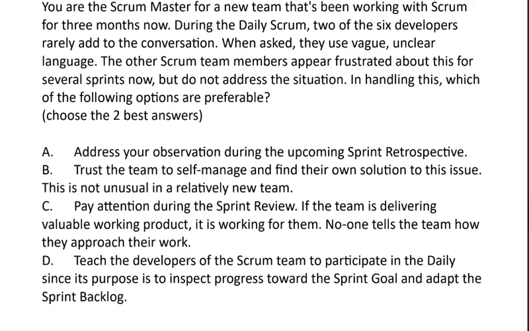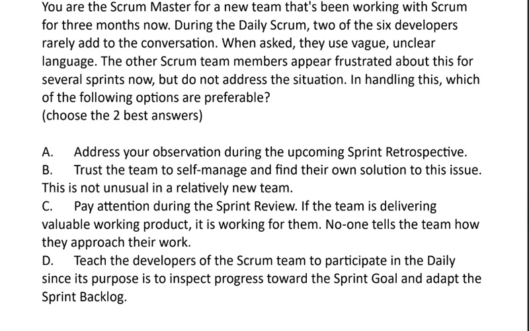Option A, address your observation during the upcoming sprint retrospective. Option B, trust the team to self-manage and find their own solution to this issue. This is not unusual in a relatively new team. Option C, pay attention during the sprint review. If the team is delivering valuable working product, it is working for them.